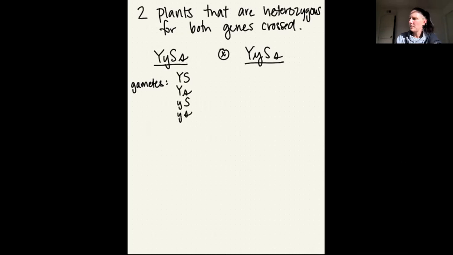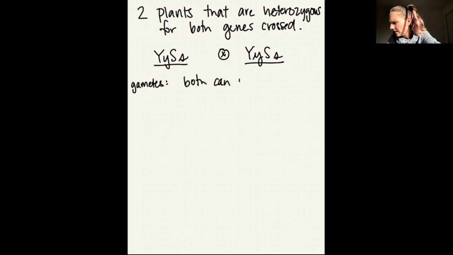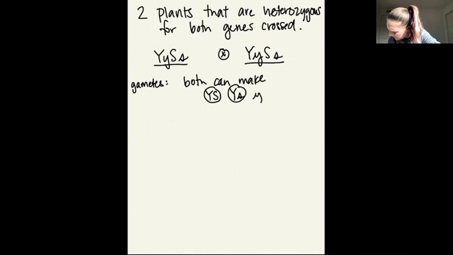And you're going to see the same thing for the others. Just for ease of writing these out, both can make those four gametes. So what is our Punnett square going to look like?